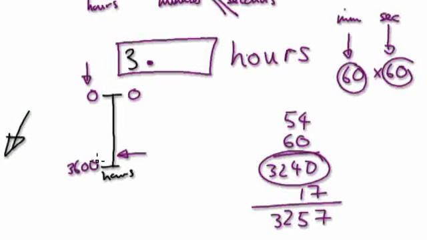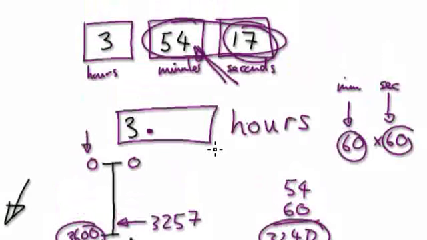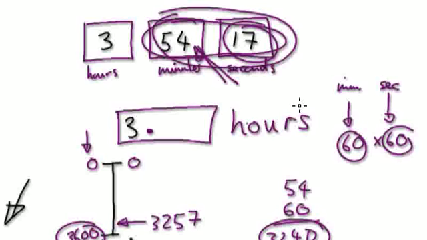Okay, so now you notice that in 1 whole hour you've got this many seconds. Now you've got 3, 2, 5, 7. You see this 54 minutes and 17 seconds is less than 1 hour. It's a small portion of the hour.